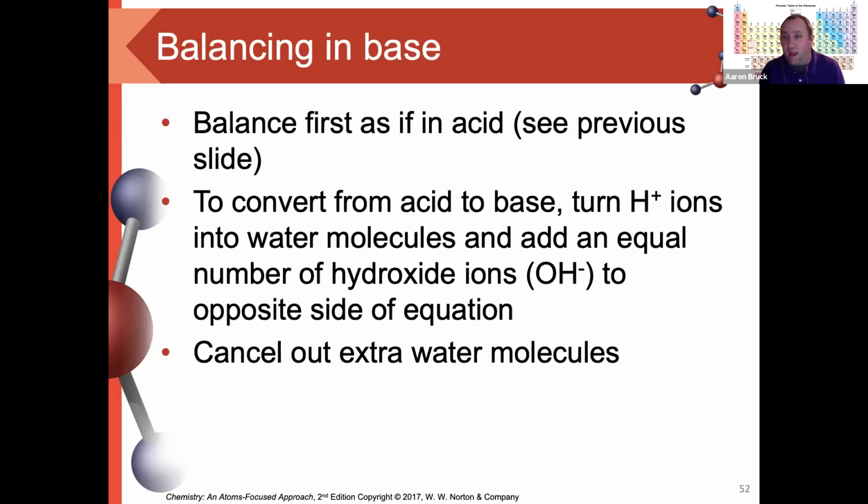And how we do that is we add equivalent amounts of hydroxide to each side. And so that's how we get it to remain balanced. The hydrogen ion combines with the hydroxide ion to make water. The hydroxide ion on the opposite side stays hydroxide ion, and we'll have extra water molecules left over, and we'll just end up canceling them out.